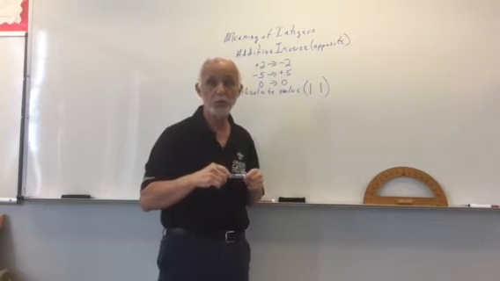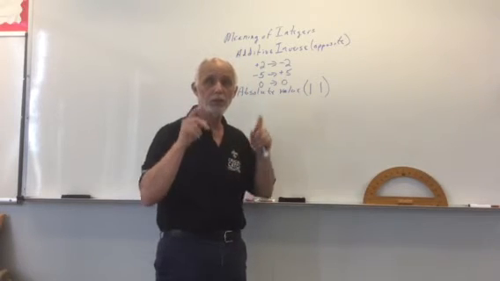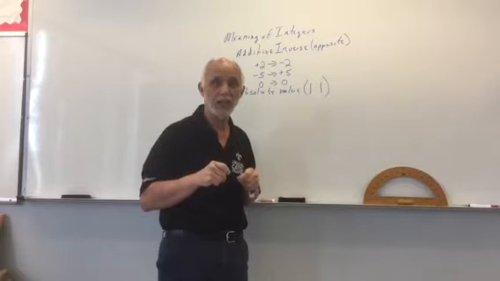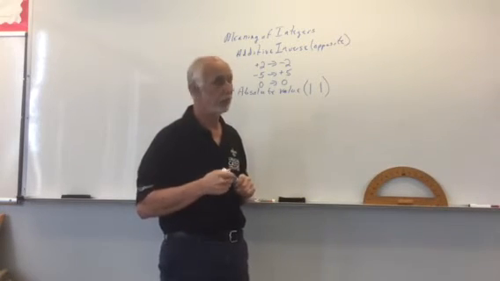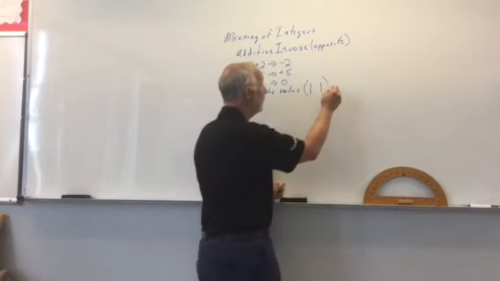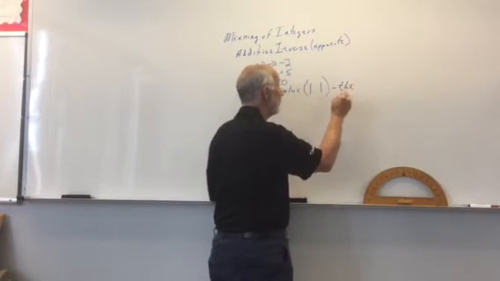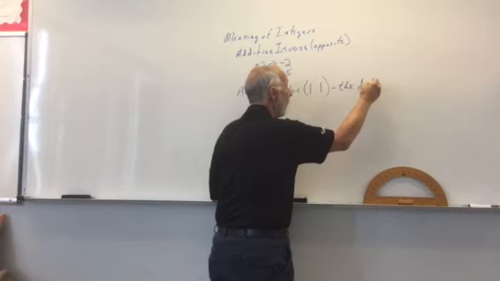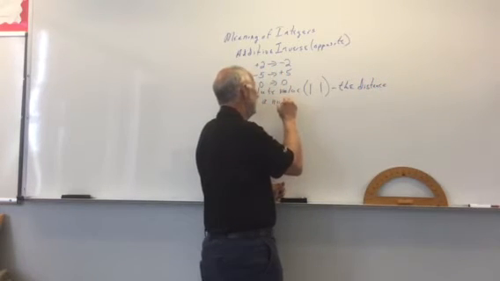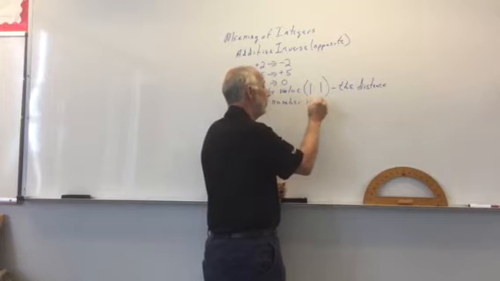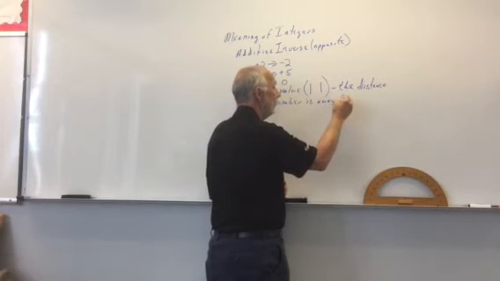I've had students before who asked me, what do you do with those little thingies on the outside? They're not little thingies, it's absolute value. And absolute value is the distance a number is away from 0.